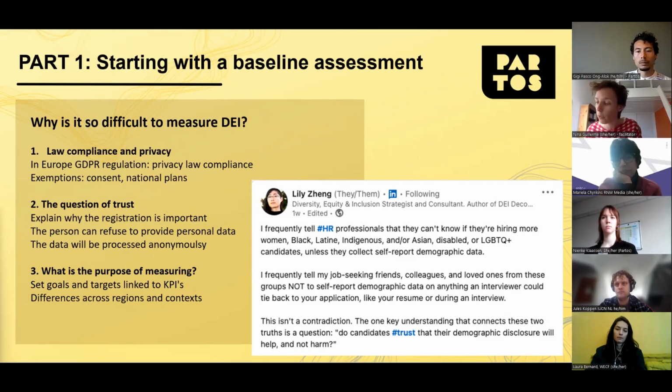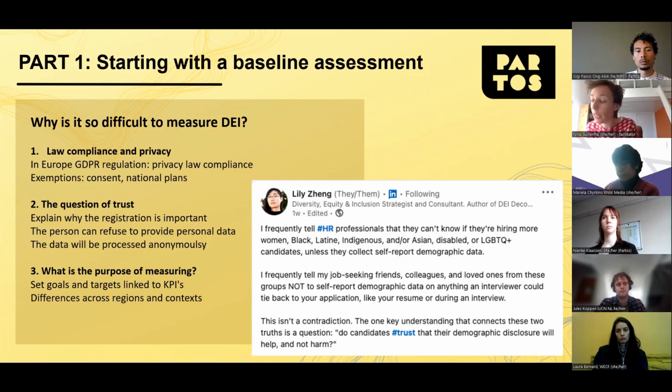GDPR is the General Data Protection Regulation, which is actually protecting the private data of people. And that law is applicable to all countries. And then within countries, you also have special laws about privacy and data. So when you click I consent, for instance, when you go into a website, it's that you give consent to give your data for a particular purpose.